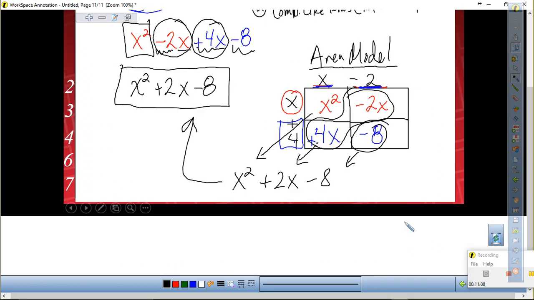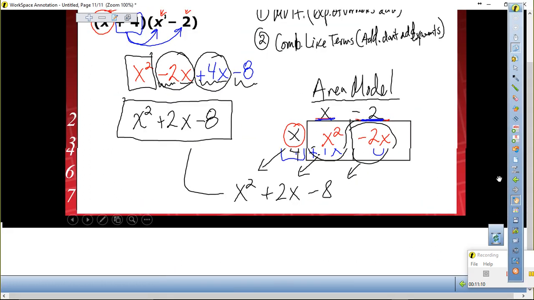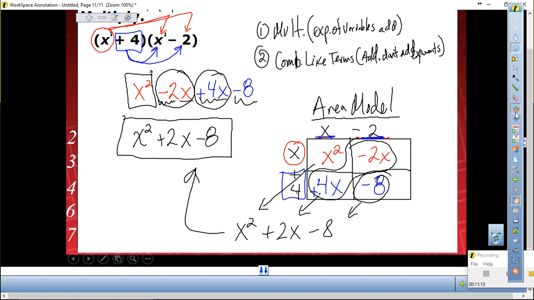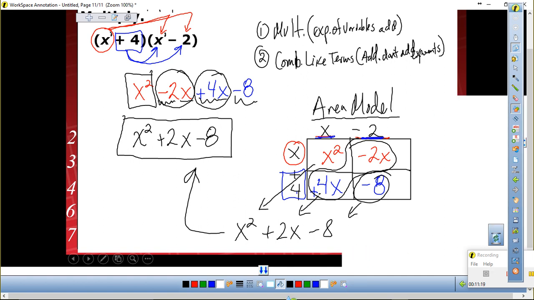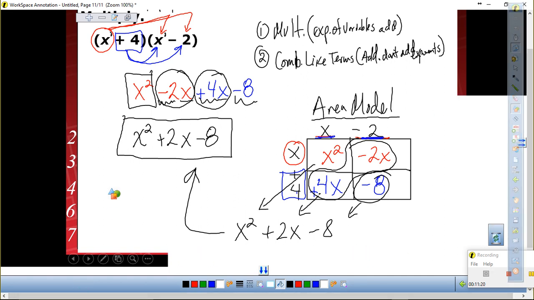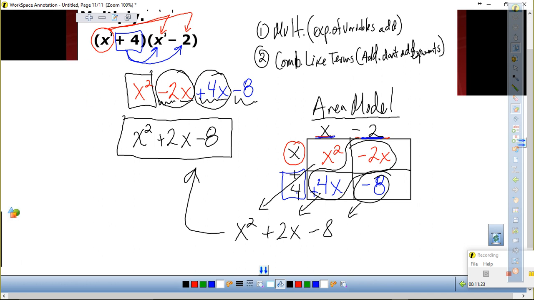All right. So, any questions with the two processes that we're going to look at? No, right? So, I'm going to have you do this next one by yourself. See if you can do that both ways using distributive property and area model.